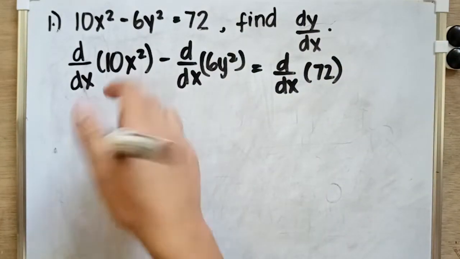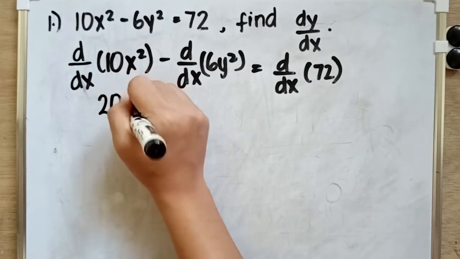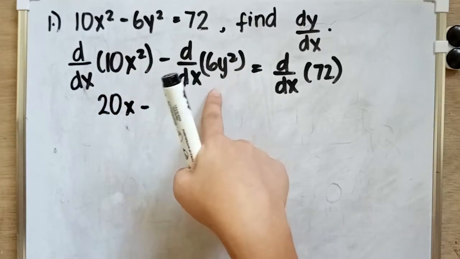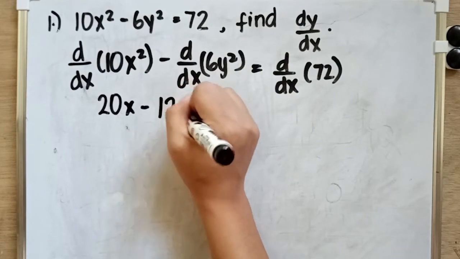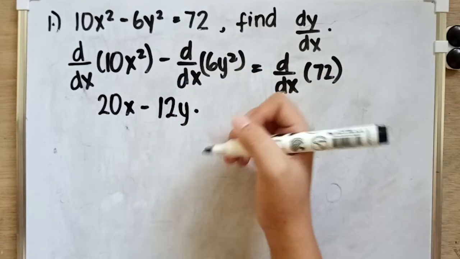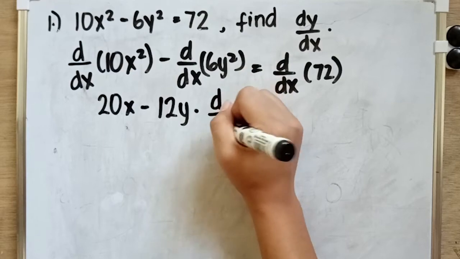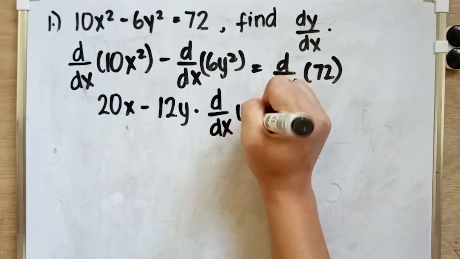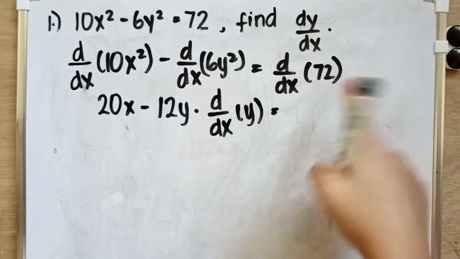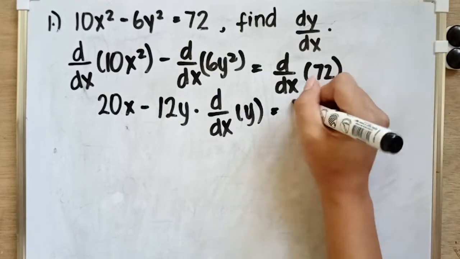Derivative of 10x squared is 20x, minus derivative of 6y squared is 12y. Then lalagyan natin ng derivative of y, is equal to derivative of constant is 0.